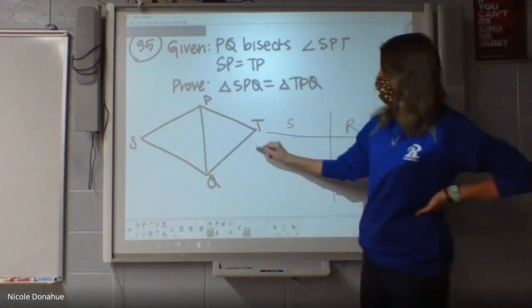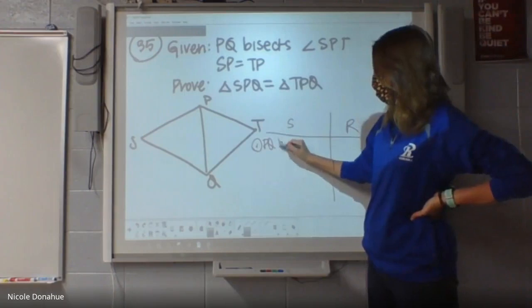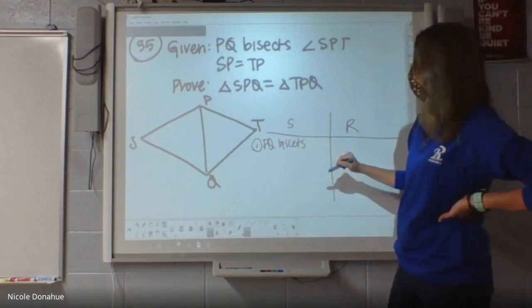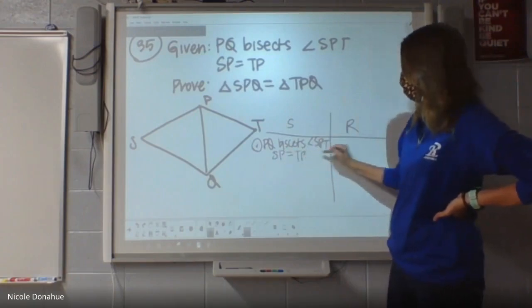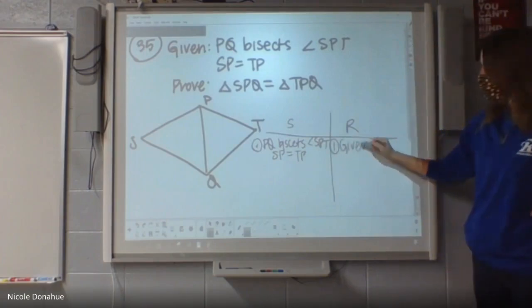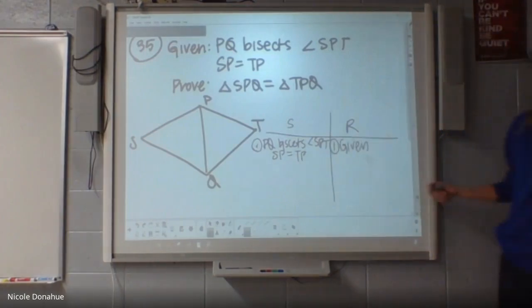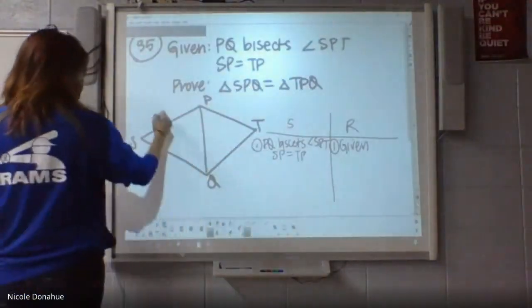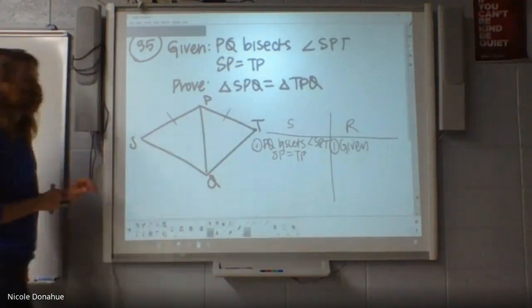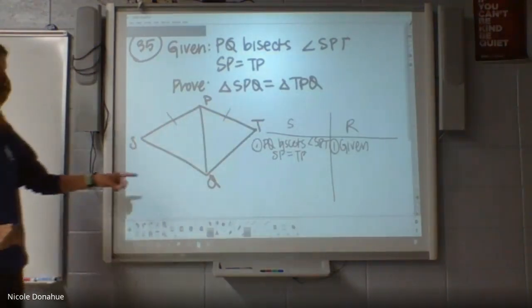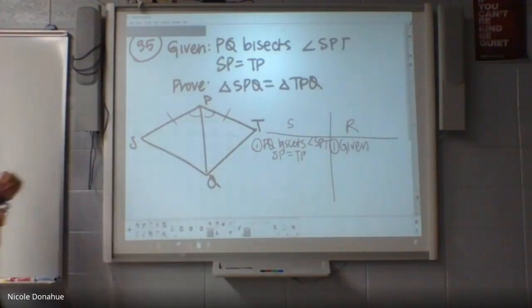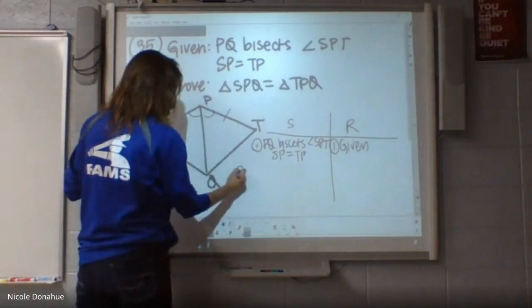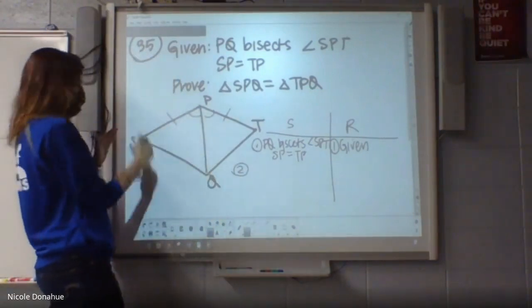So we start with our given statement, which is PQ bisects SPT, and then SP equals TP. So whatever the given is, I'm going to mark that. So SP equals TP is easy. This one is this and this. PQ bisects SPT. That means it cuts those into two equal pieces. Since it does that, I have to write that in the proof. So I'm going to write now that these two are equal because they got bisected.